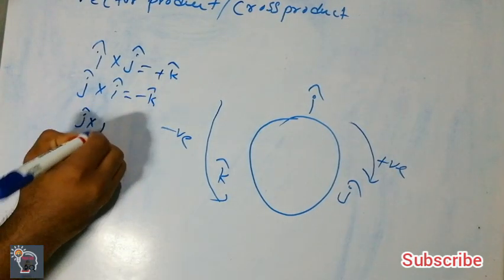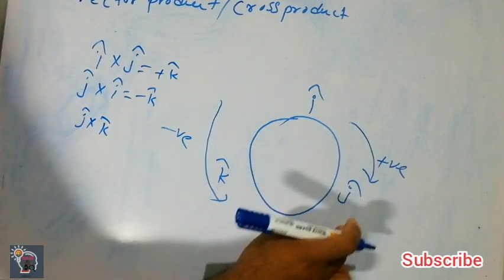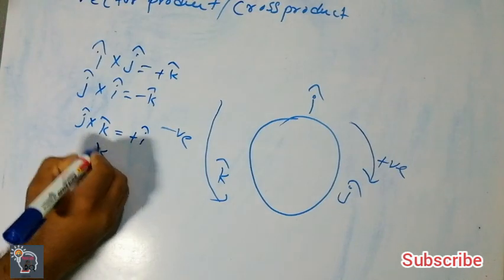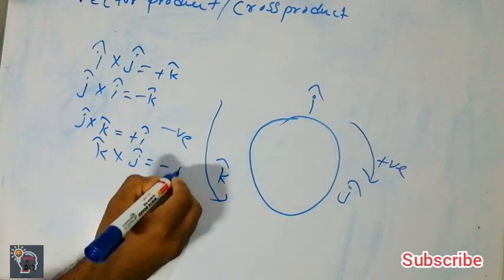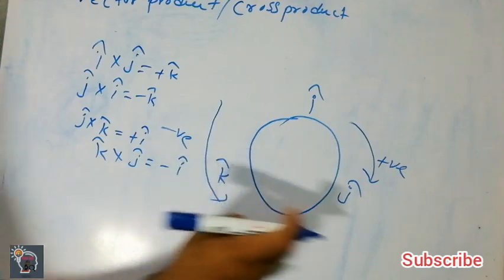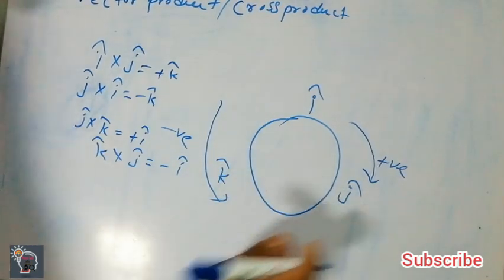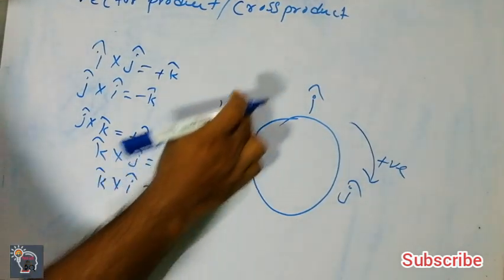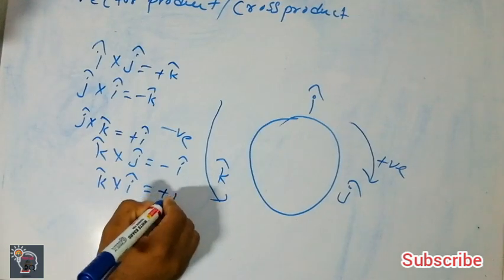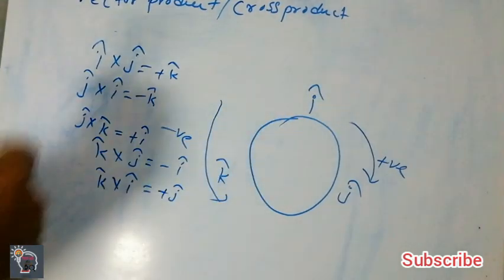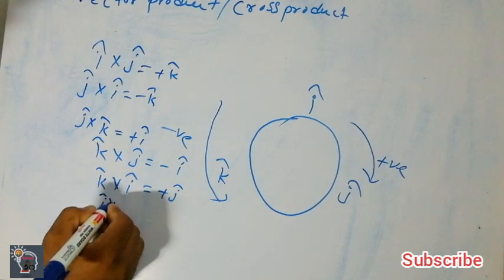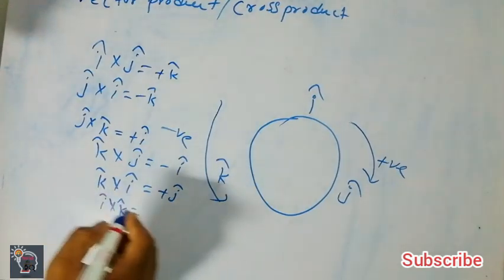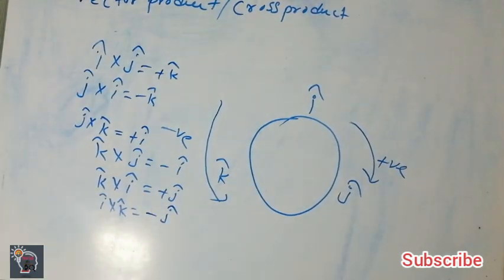So j cross k rotates along the clockwise direction, so it gives you positive i cap. And k cap cross j cap is minus i cap, as k cross j rotates anti-clockwise. k cross i gives you positive j cap, as it rotates clockwise. And what is i cross k? i cross k rotates anti-clockwise, so it gives you negative j cap.